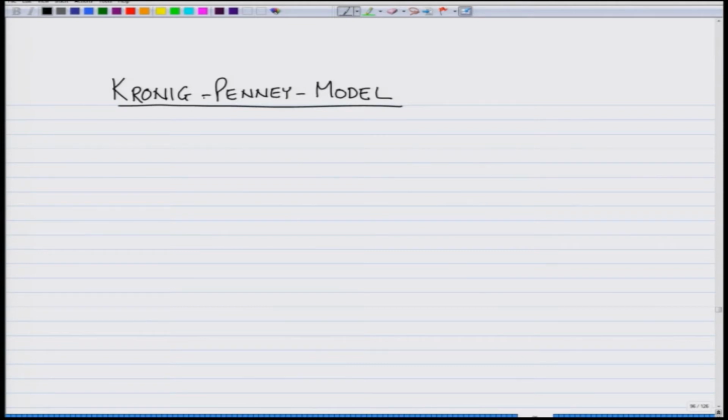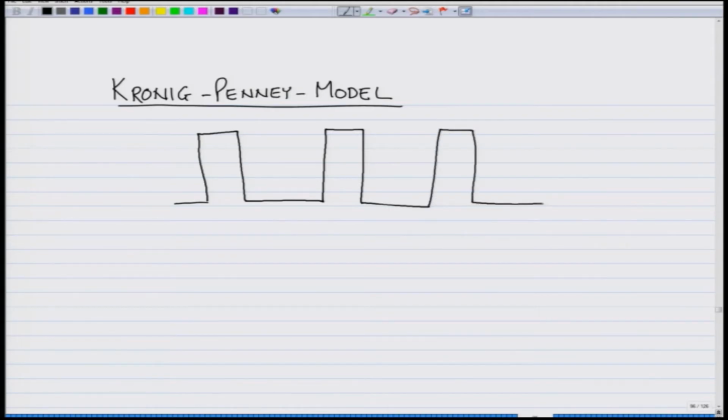What we consider in this case is that the potential is a collection of these barriers, and as I argued earlier, what I want to show is that this leads to bands. So, let us say this distance is a and the barrier is of width b, the height is V, and here V equals 0 at the bottom.